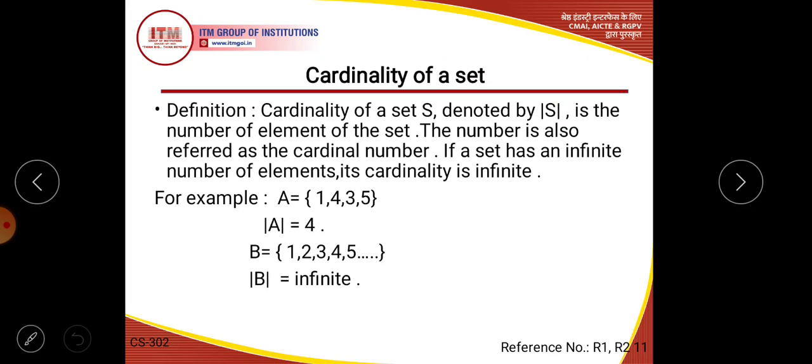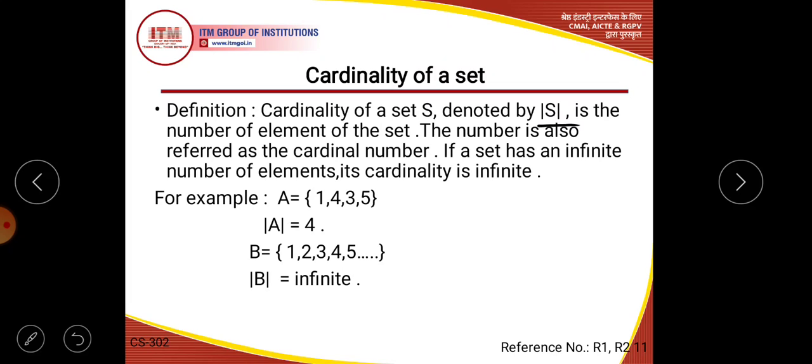Now cardinality of a set. Now the definition of cardinality. The cardinality of a set is denoted by mod of S, and is the number of elements of the set.